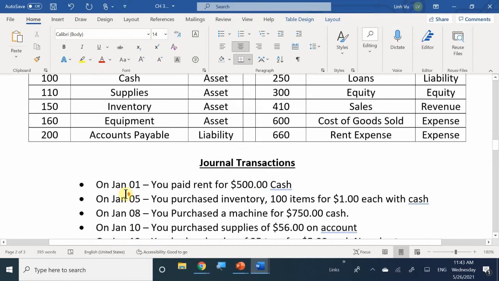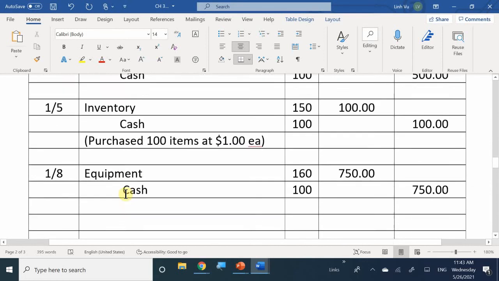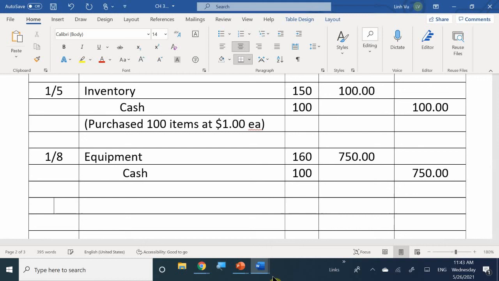Good. So let me see what account number that is. 200. Okay. So here it is January 10, right? I acquired supplies, and now that I know I am going to be owing more money, I determined that I'm going to credit my account because I'm increasing my liability.